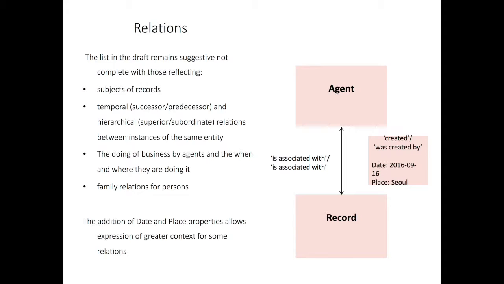So we can say that there is an association: this agent is associated with this record. We may know more than that, and so we have relations, obviously, the creation relation. So an agent created this record. But RiC also allows us to say that this relation has properties relating to date and place. We can say that the creation happened on a date, and that date is today's date, and indeed in a place, and that place, of course, is where we are today.